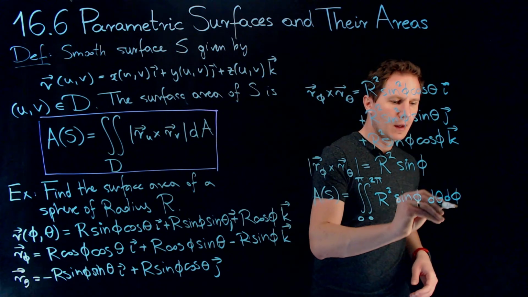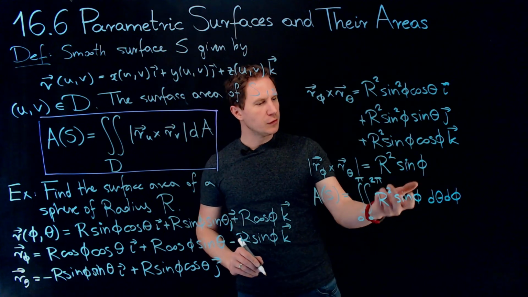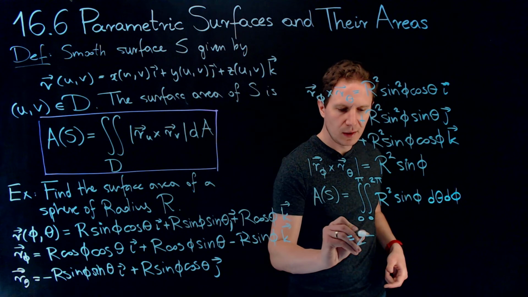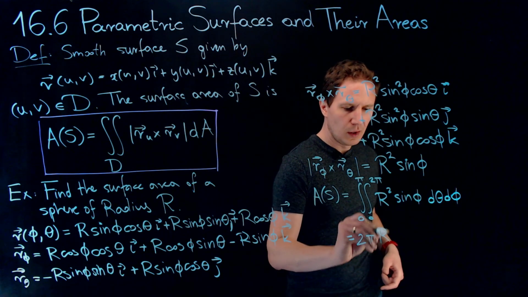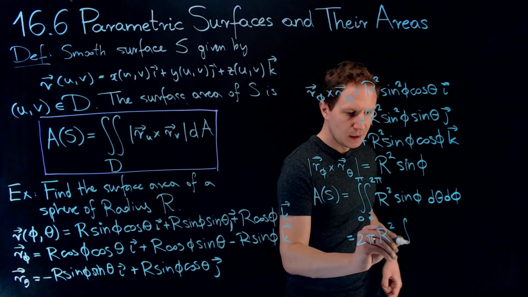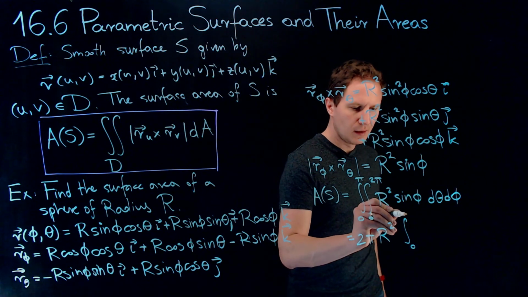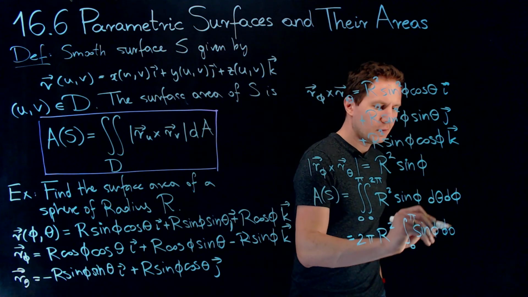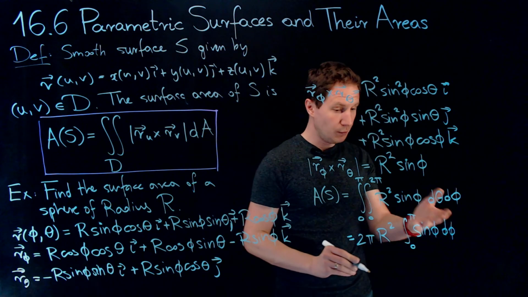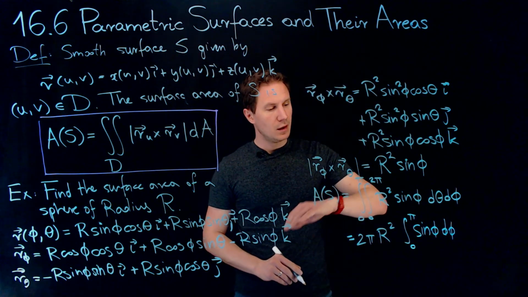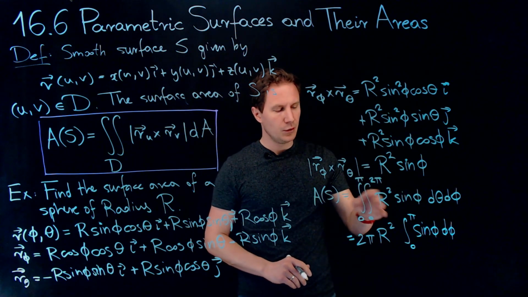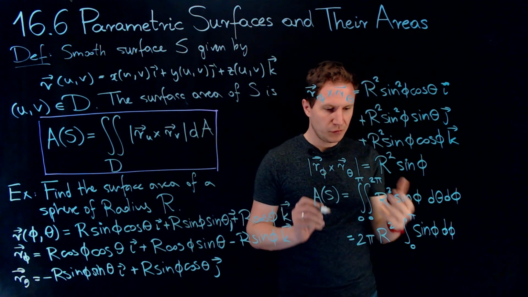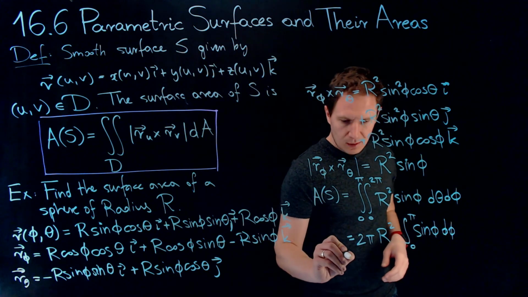Of course, the theta integral will give us a factor of 2 pi, since nothing depends on theta in there. Let me just pull out that factor of R squared. All we have to do now is integrate sine of phi with respect to phi from 0 to pi. That's just the area under the sine curve as it goes from 0 to pi, so that's just a factor of 2.